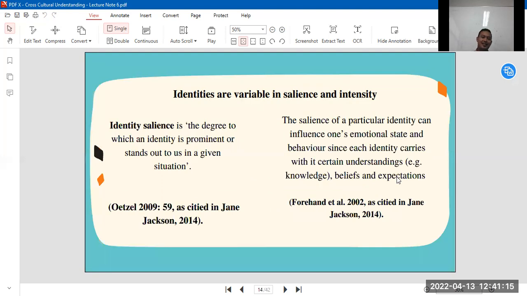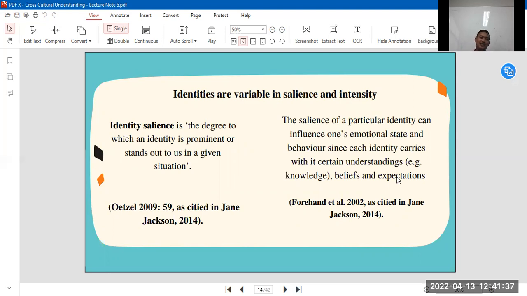Let's learn from the case study level. But here, we also have identity salience. It is the degree to which an identity is prominent or stands out to us in a given situation.